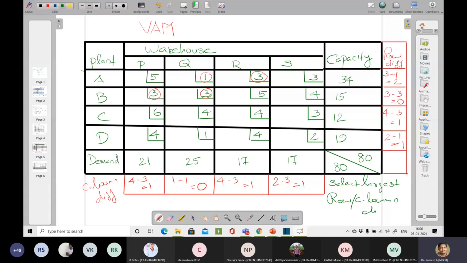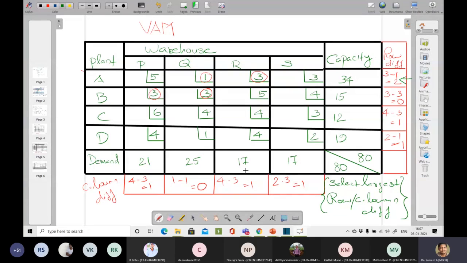What is the largest here? The largest difference is 2, and it lies for the first row. If a tie occurs, the tie breaking rule is to give preference in the order row 1, row 2, row 3, row 4, then column 1, column 2, column 3 and column 4. Now the largest difference is 2.